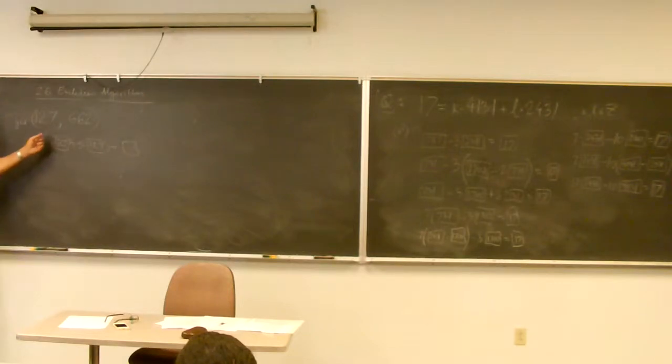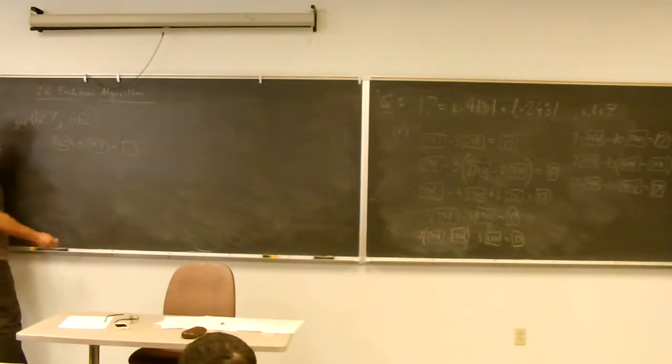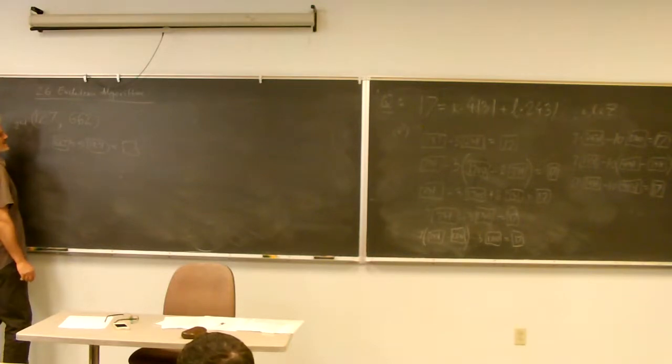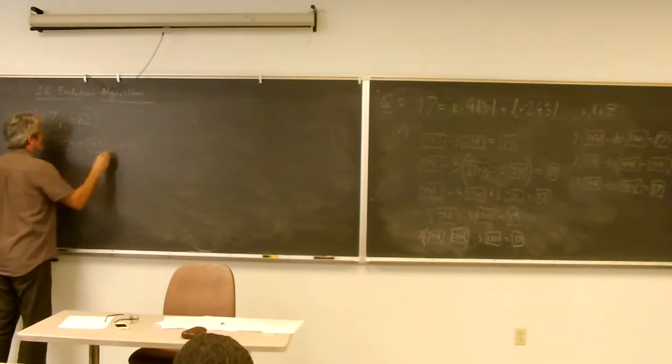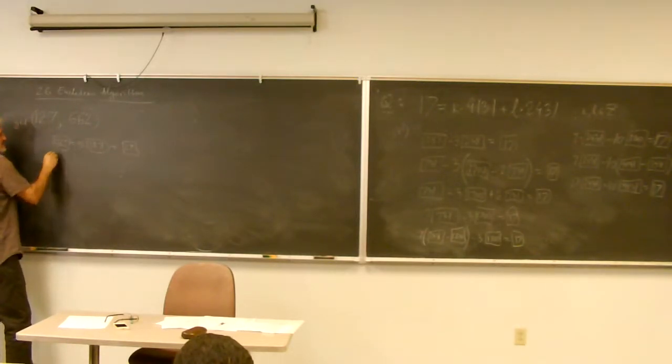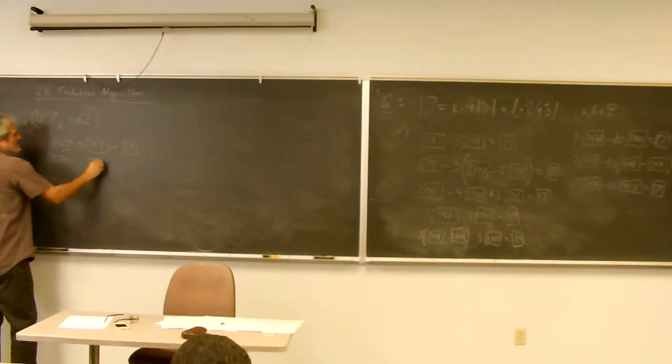As long as this one is prime, everything is okay, because this one doesn't allow any factor except itself and 1. So this is 5 times 127, which is 635. When you subtract it, we get 27.